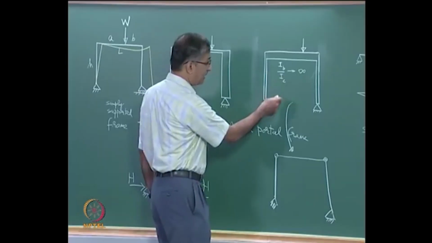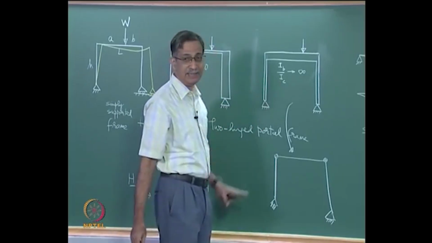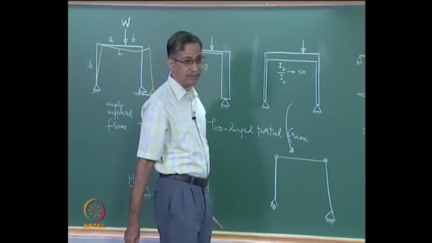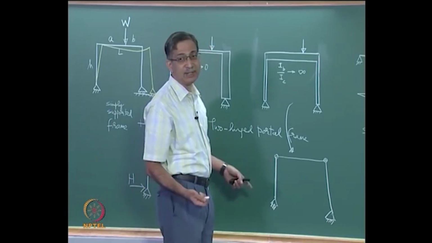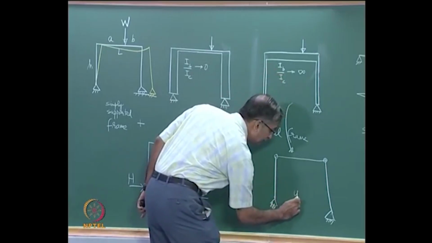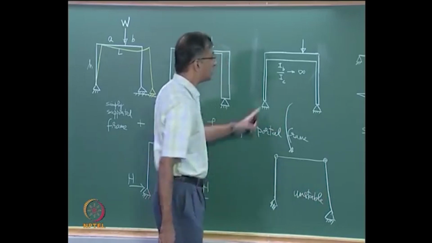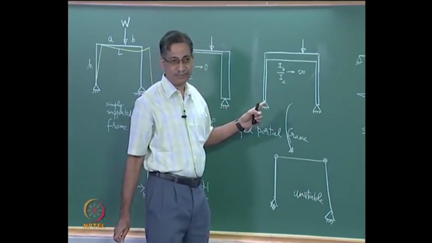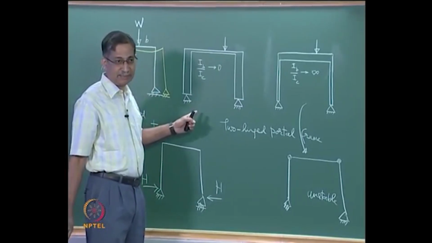If IB by IC is really infinity, if IC is really 0, then you get an internal hinge here. This is not stable, so this is unstable. So this is not a good condition to have. On the other hand, this is an extremely good condition to have. This is very stable.